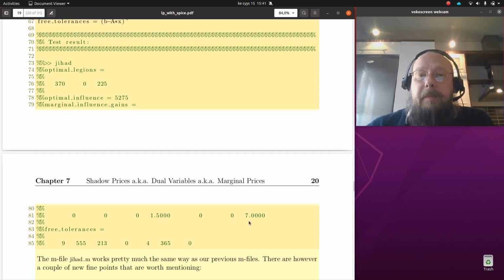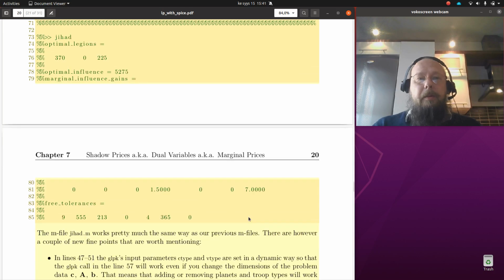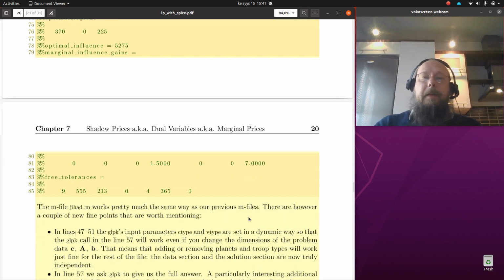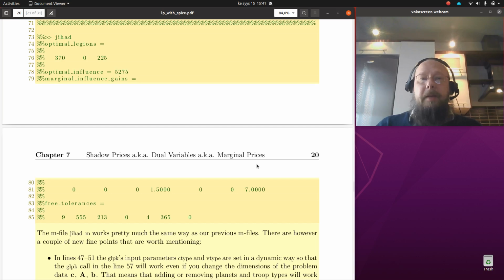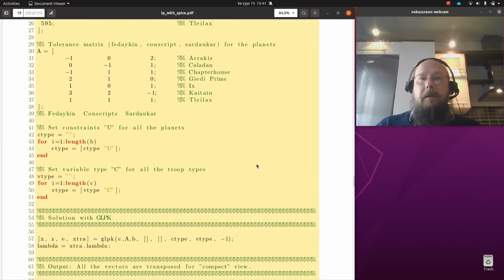So this is bigger than this. It means that on the margin, this gives 7 influence units per 1 tolerance level. So the answer is that we should give it to what? The last planet, that was Tleilax.